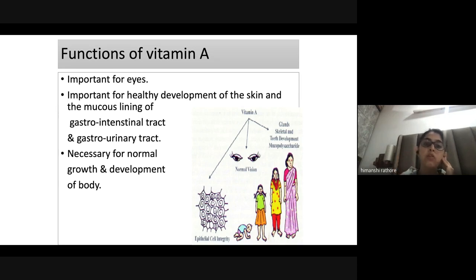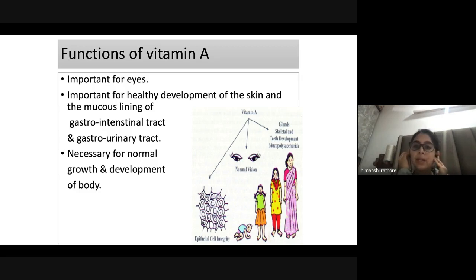Then it is also required for normal growth and development. As I told you, kids who are at the growing stage require all the nutrients in a higher amount than an adult because their cells and tissues are growing at a higher speed. So they require vitamin A in large amount for their proper growth and development.